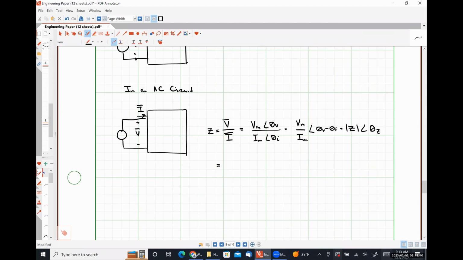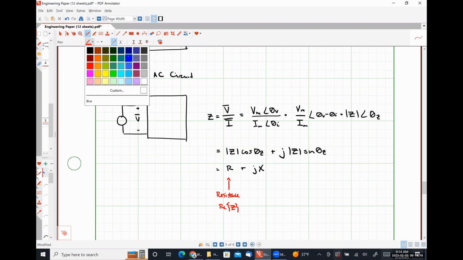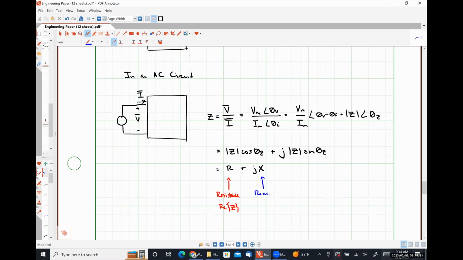So in rectangular form, this is going to be the magnitude of Z cosine theta Z plus J, the magnitude of Z sine theta Z, which is R plus JX, where R, the resistance, is the real part of impedance, and X, the reactance, is the imaginary part of an impedance.